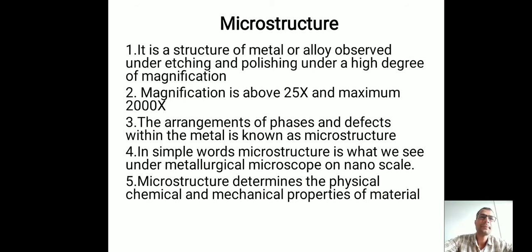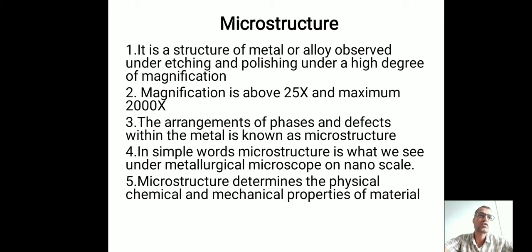So see here, it is a structure of metal or alloy observed after etching and polishing under a high degree of magnification. Means as you know, first prepare a sample of the material whose microstructure we have to observe. Ultimately it goes through the polishing and etching stage, and after that put that sample under the microscope.